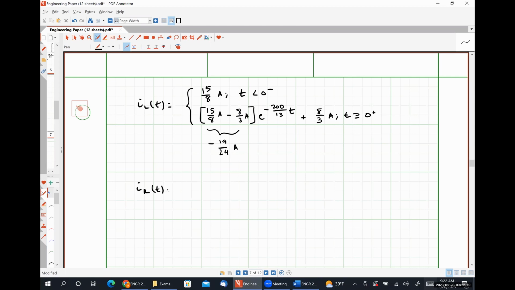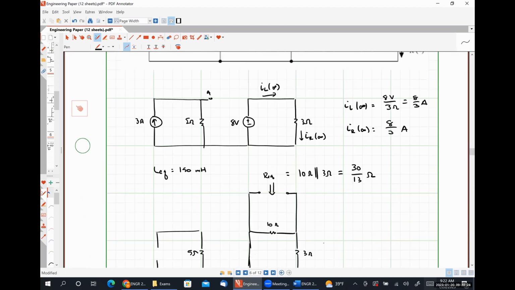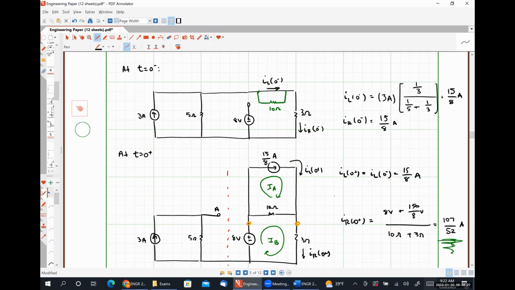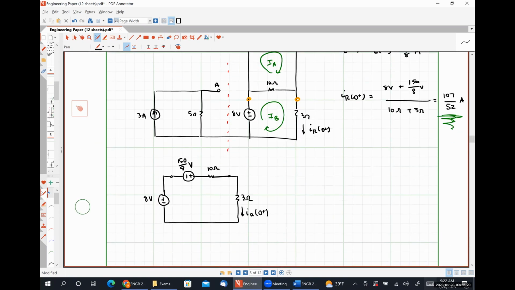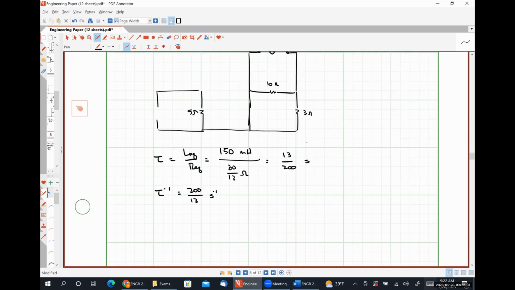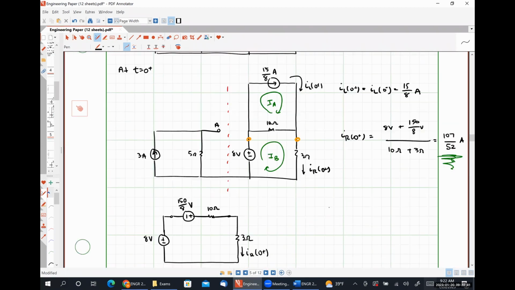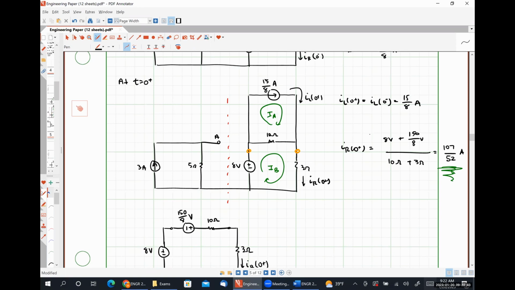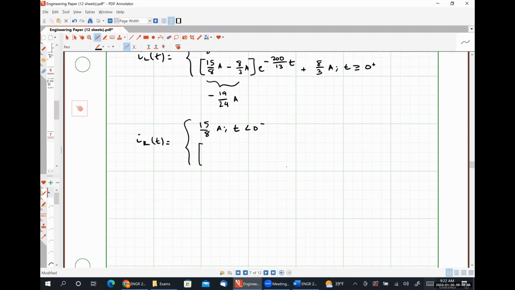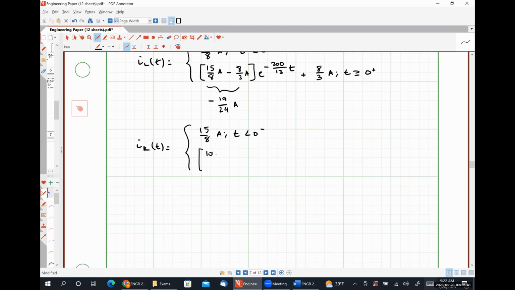IR of t. So IR at 0 minus was also 15 over 8. And then at 0 plus, we had 107 over 52, minus 8/3.